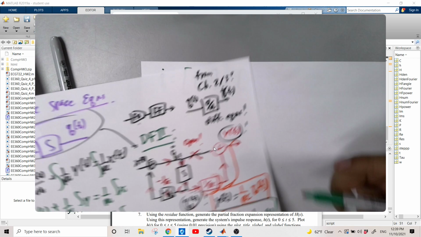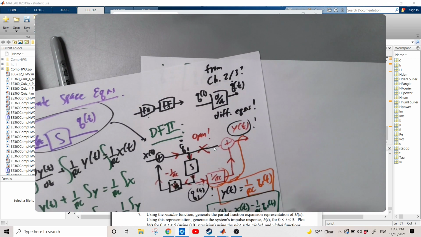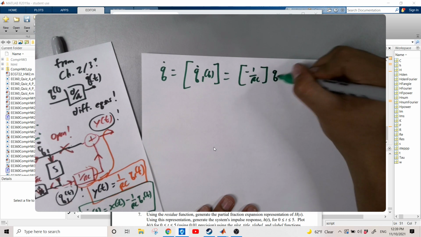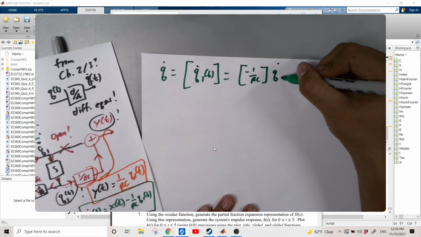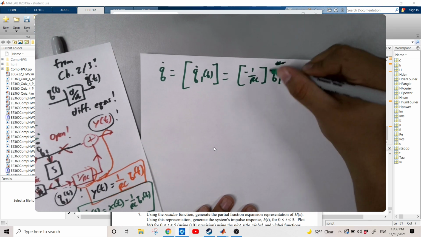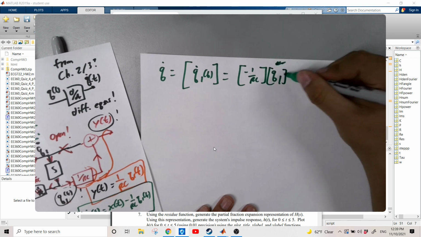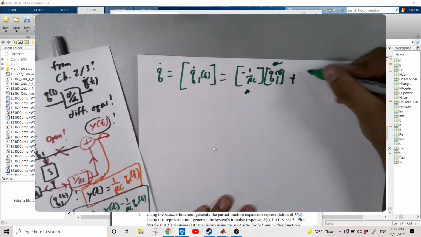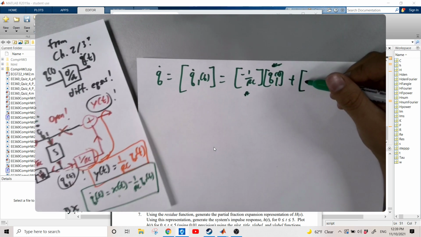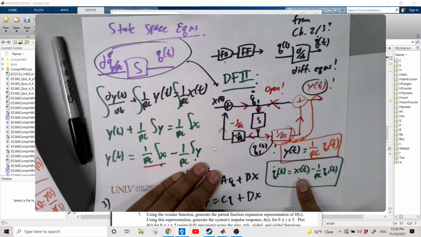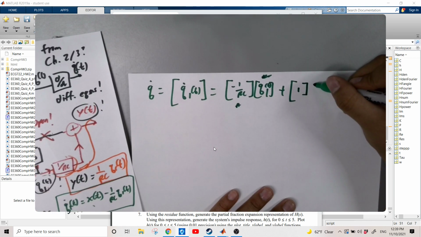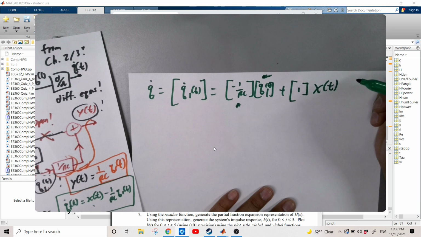A is just minus 1 over RC, Q1 of t, plus, so this is your A, and then what's our B? We have this input, 1 times x of t. Cool.